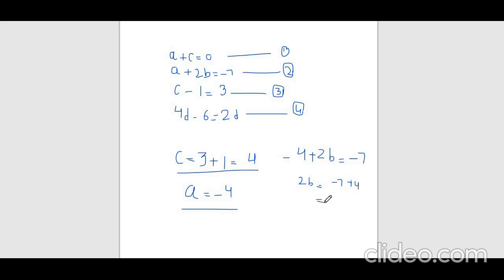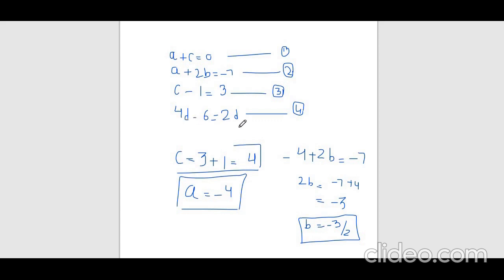Minus 7 plus 4 is minus 3. Now B is minus 3 by 2. We get A equals minus 4, C equals 4 and B equals minus 3 by 2.